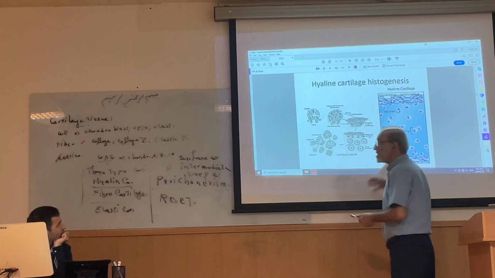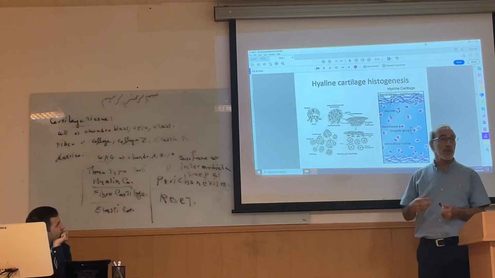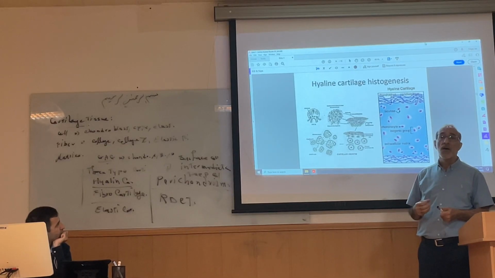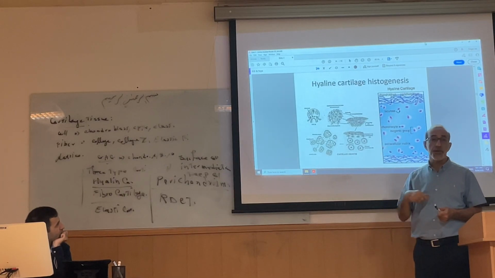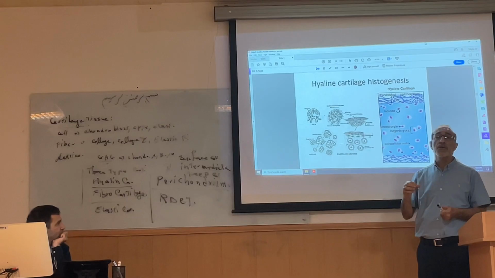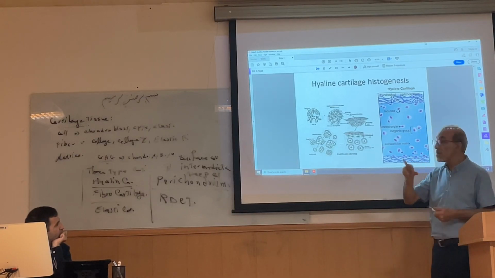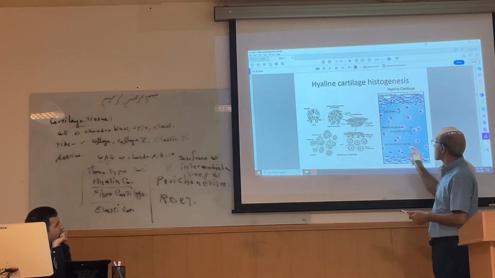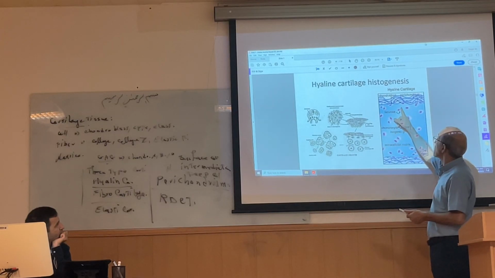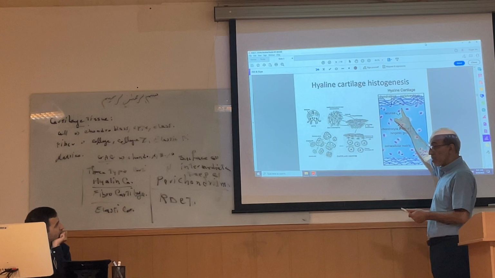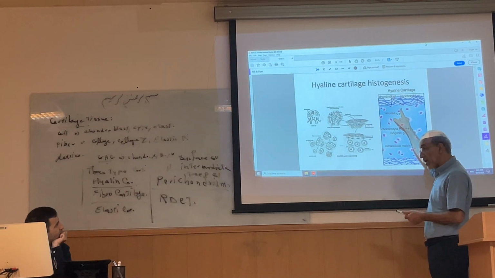Sorry. What is growth in cartilage tissue? Cartilage tissue can grow in two parts: one peripheral and two central. Okay? In the peripheral part, it grows by chondroblasts.